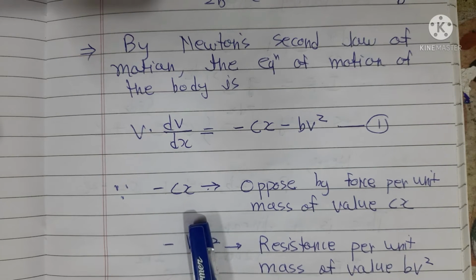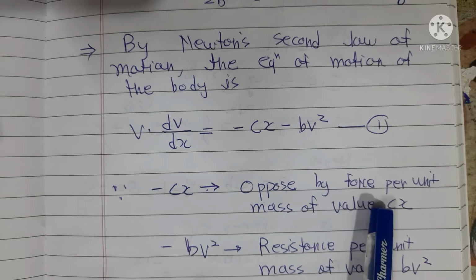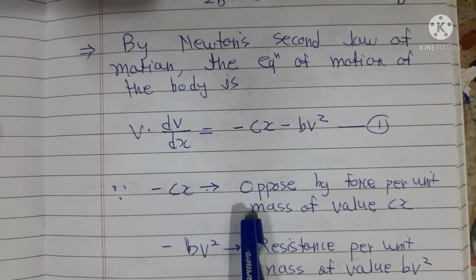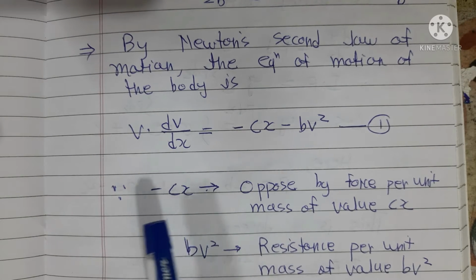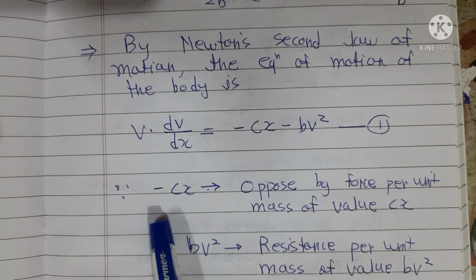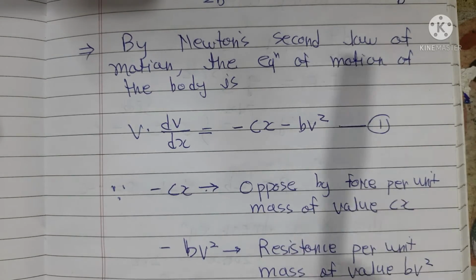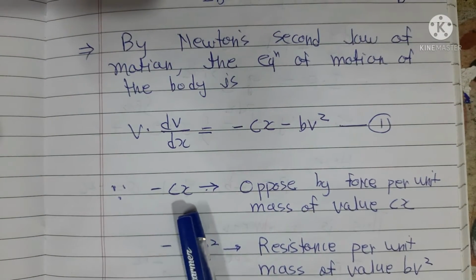Minus cx is the force by which the body is opposed, the force per unit mass of value cx. It is opposed, meaning opposite to the direction of the application of force, therefore it is considered as a negative sign.